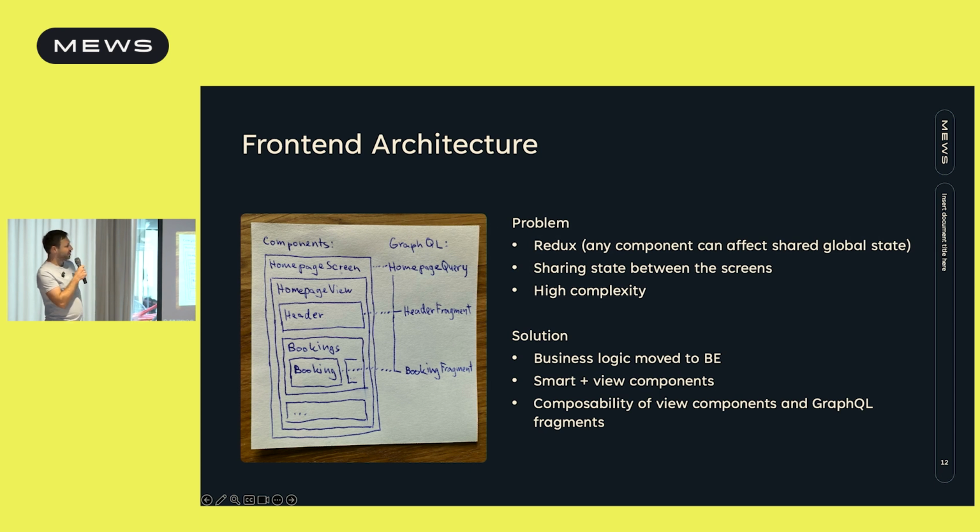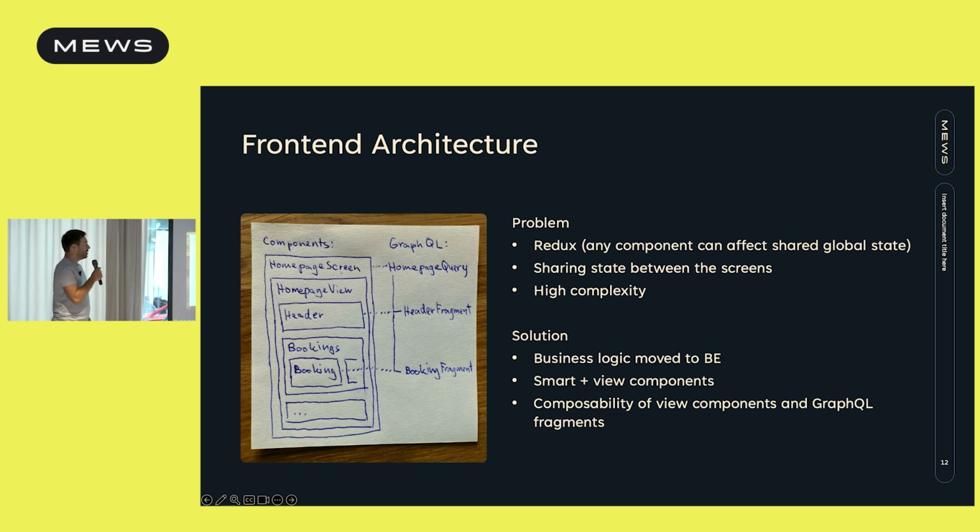The front-end architecture also changed. Previously, it was heavily using Redux, which means that there is one piece of global state and any component can access it and any component can change it, which gets quite messy.